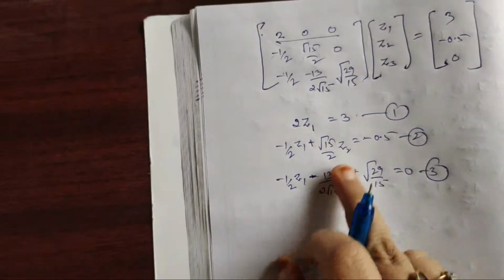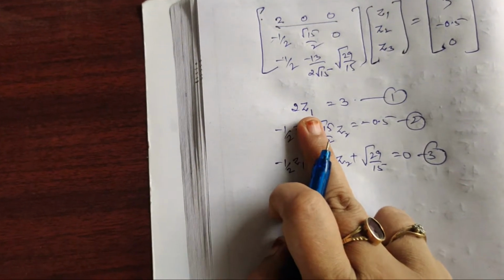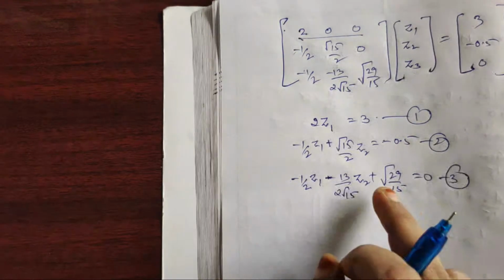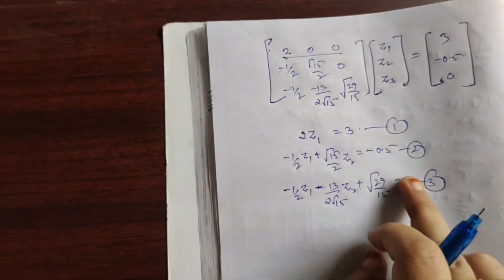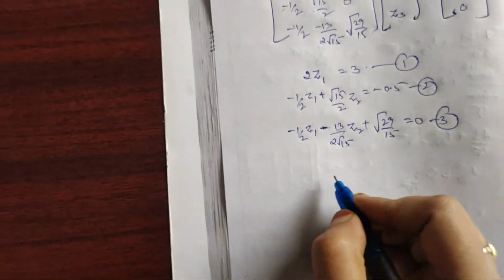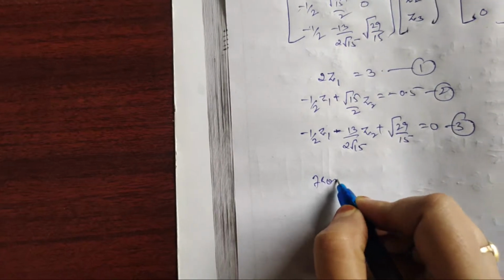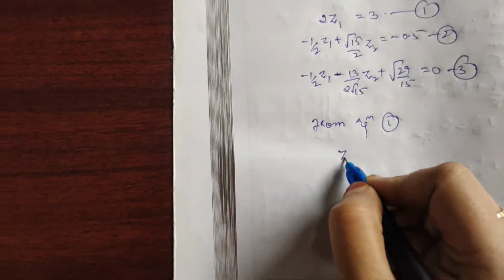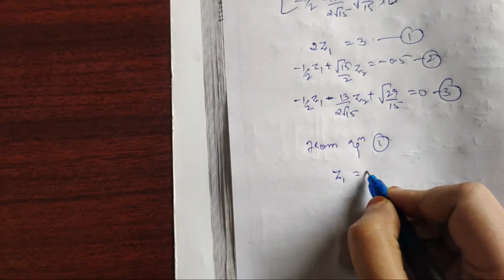From the first equation we can get the z value. This is known as forward substitution. So from equation number 1, z1 equals 3 by 2.